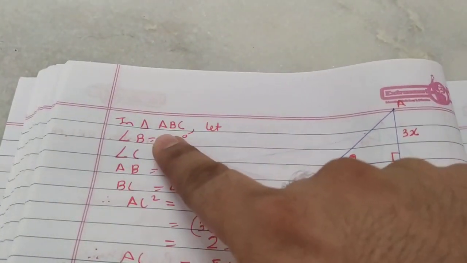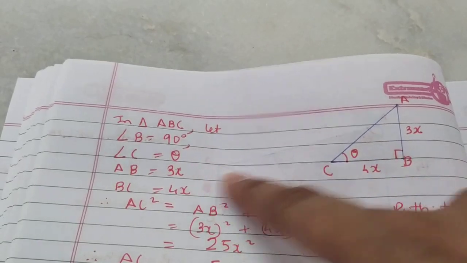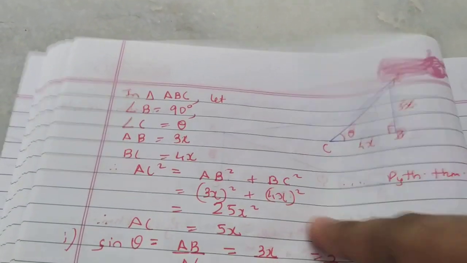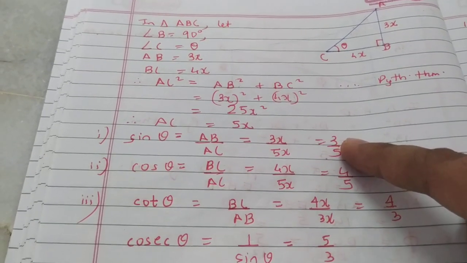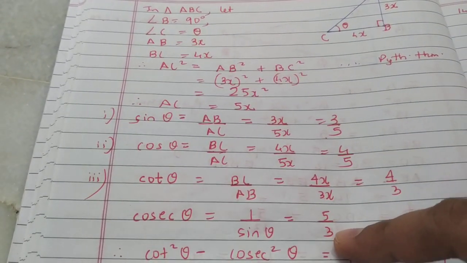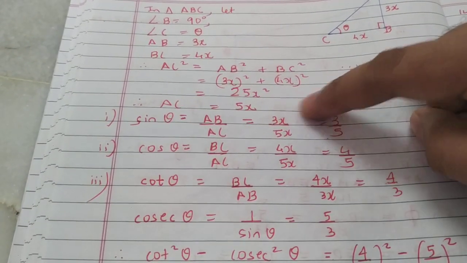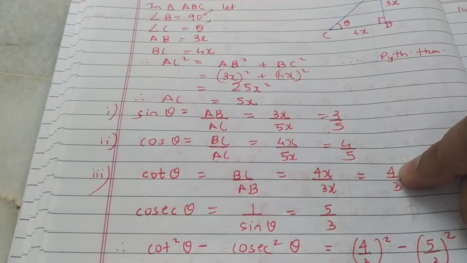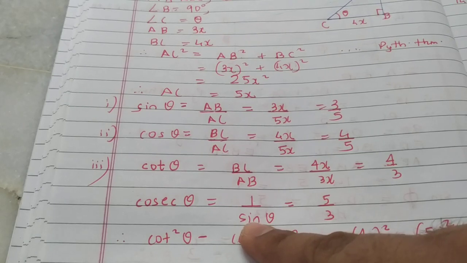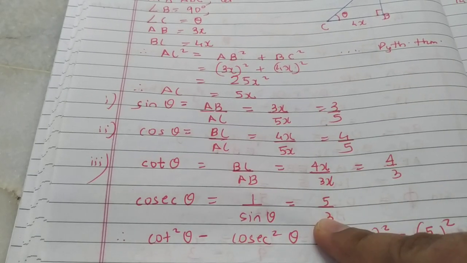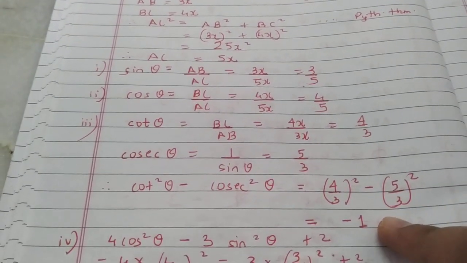So we are assuming all this, so you have to mention it. You have to use Pythagoras theorem, find all the values of the trigonometrical ratios. Remember, in the final answers, x disappears, of course. Cosec theta, you could have used trigonometry, or you could have used the reciprocal to find the value. Substitute it, get the answer.